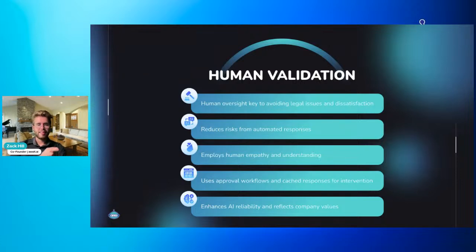And these methods highlight how a human in the loop approach can significantly refine the quality and reliability of AI interactions. So by leveraging your team's collective expertise and judgment, you can drive AI to respond to queries in a way that reflects your company's values and commitment to your customers.